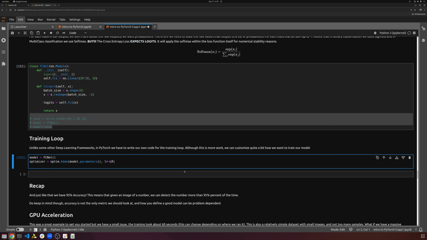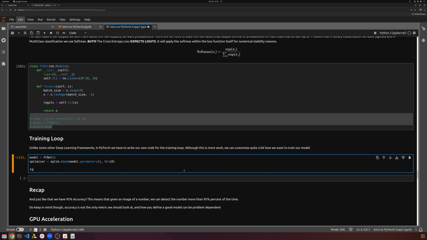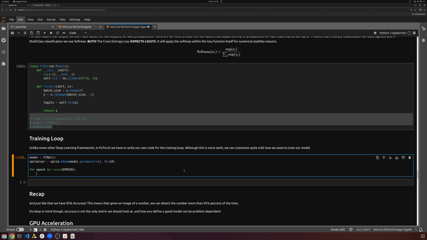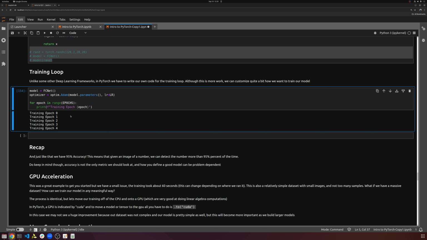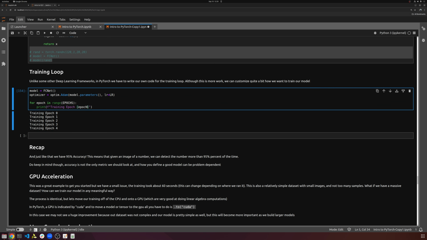There's our optimizer. We can then do for epoch in range epochs, and we can print out training epoch, something like that. If we do this, it'll start at 0, so we'll just do epoch plus 1 so it's clear.